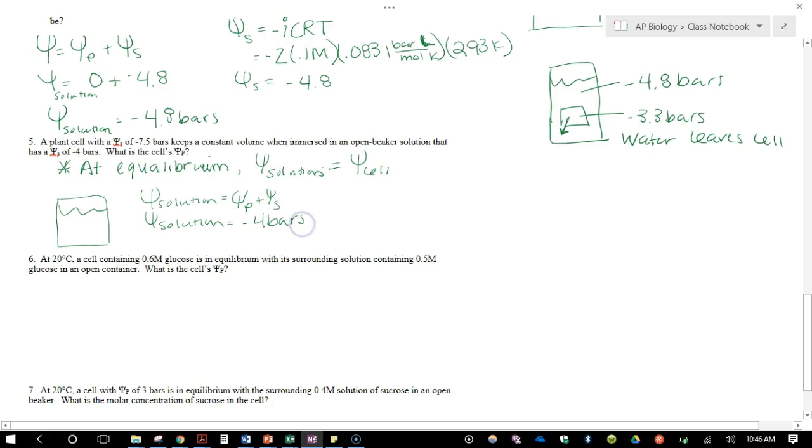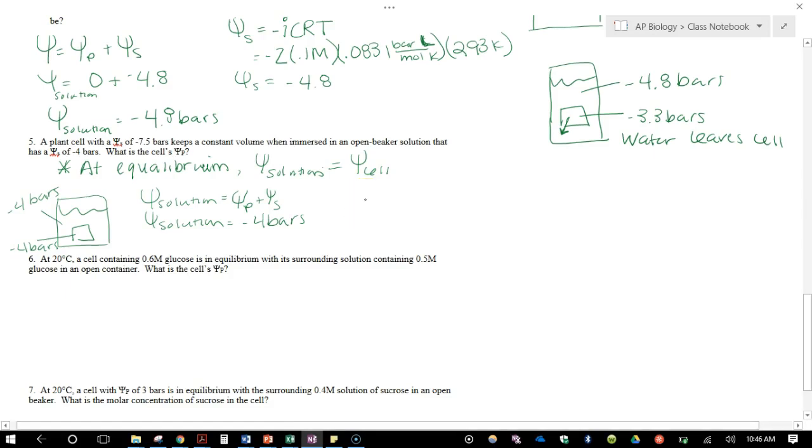Our goal is to get our solution at negative 4 bars, and our cell also at negative 4 bars. So we need to figure out what the pressure potential of the plant cell needs to be in order to attain this.